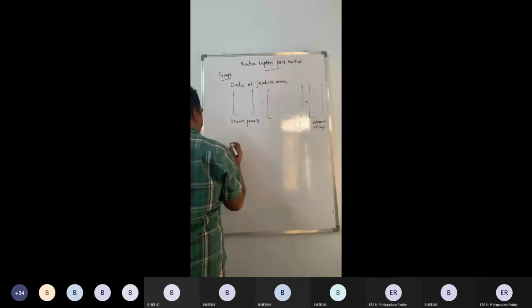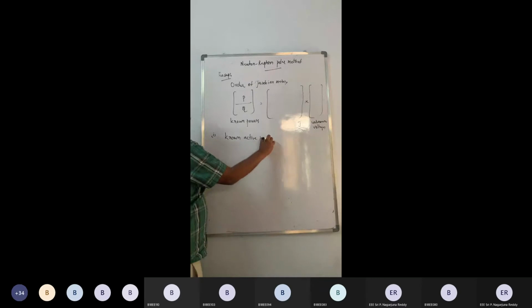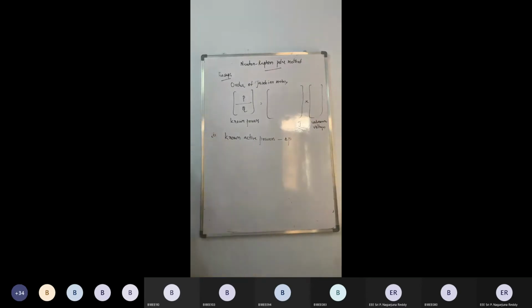So, in known powers, we will be having known active powers and also known reactive powers. And as discussed yesterday, known active powers, which will give us delta P. How many will be there?